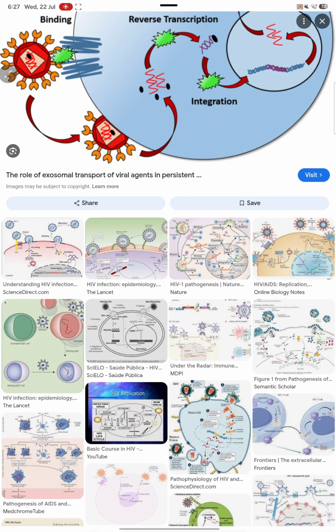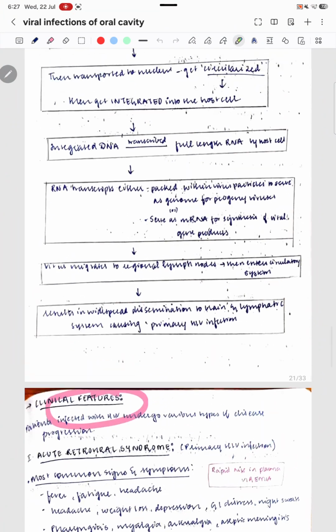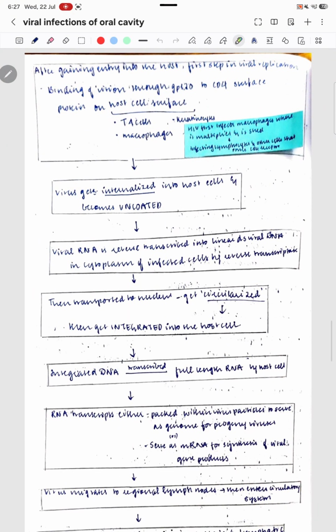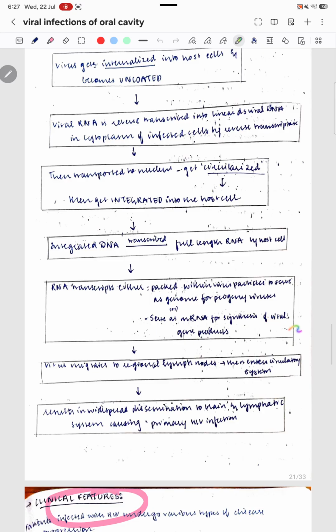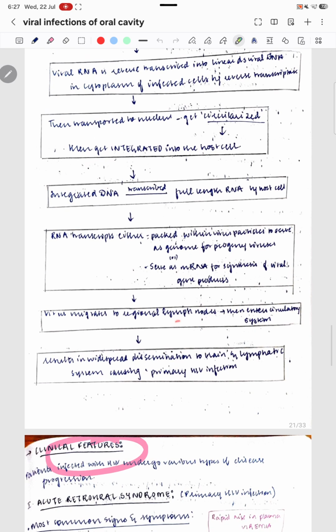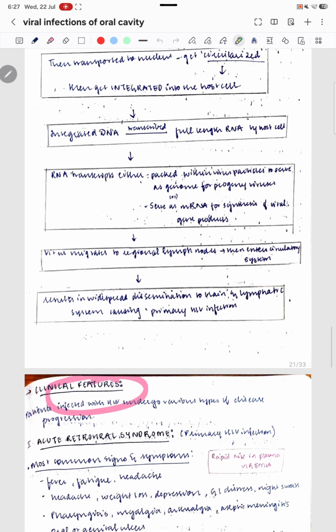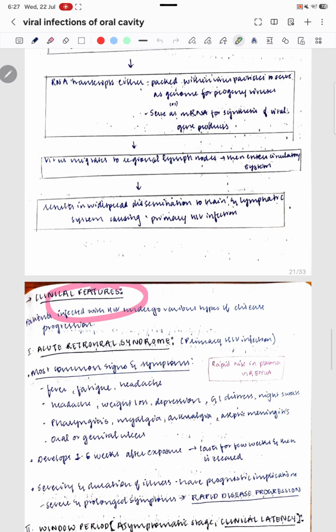Okay, so that is about the pathogenesis. It has a very lymphatic kind of spread, and if it enters the circulatory system, it results in widespread dissemination to the brain as well. This infection is primary HIV.